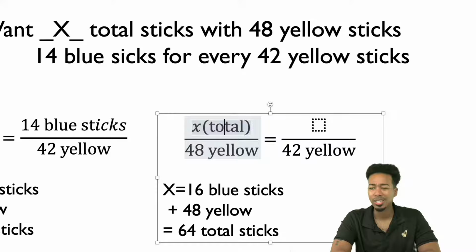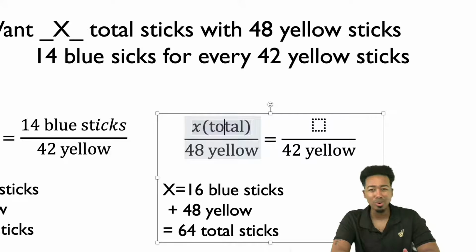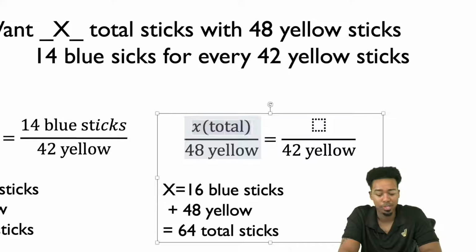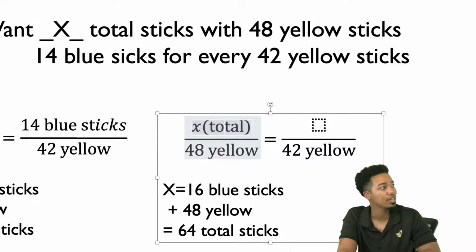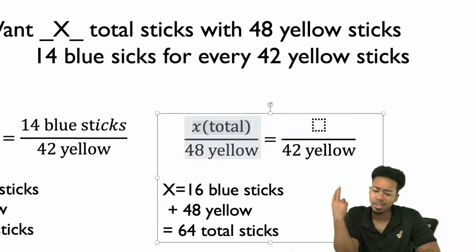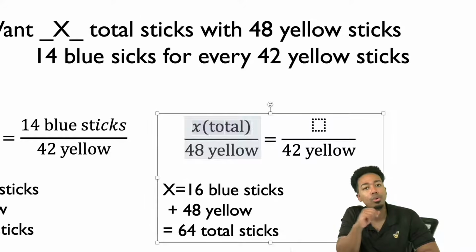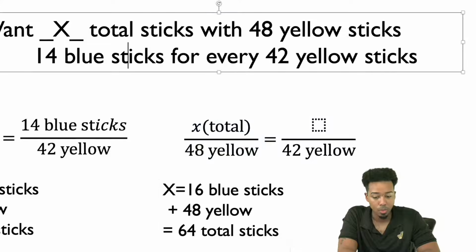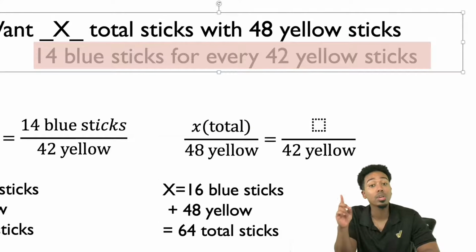But the question is, how do I do a total with a proportion? Well, guess what, everybody? What does total mean again? We just proved it. When we got the 16 blue and the 48 yellow, to get total, we did what again? We added it all up. So if we want to find the total of that second part that we were given, the 14 blue sticks with the 42 yellow sticks, we can get the total by adding them up right here.